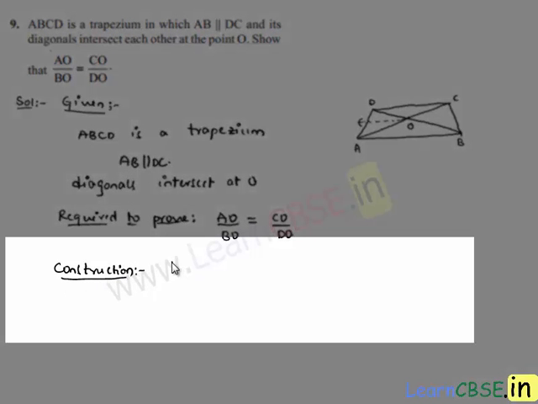That comes under construction, that is draw OE parallel to AB. As AB is parallel to CD or DC, we can say that OE is also parallel to DC. Now moving on to the procedure.